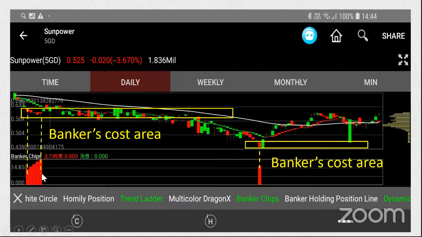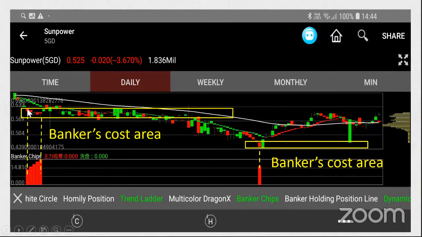then you try to find, for this period, from the candle corresponding to the first red bar of bunker chips to the last candle corresponding to the last red bar of bunker chips, the high price and low price.